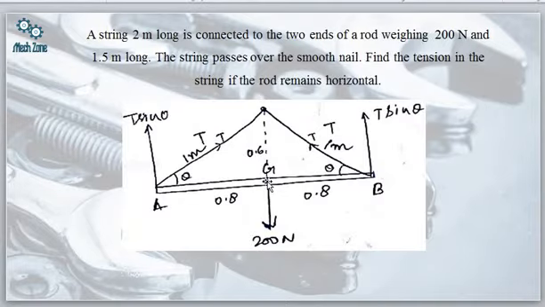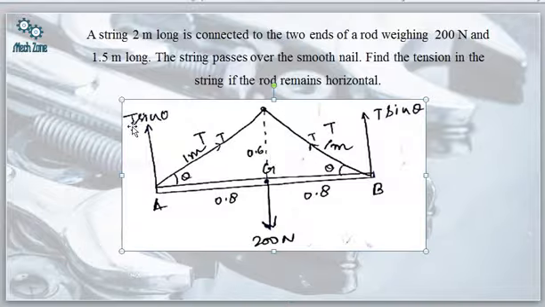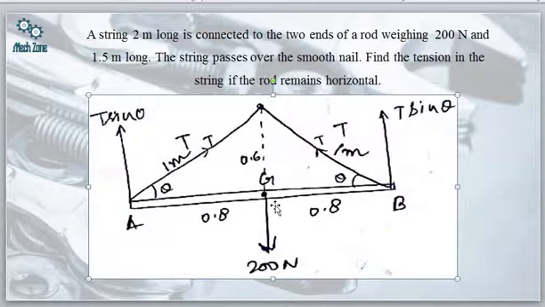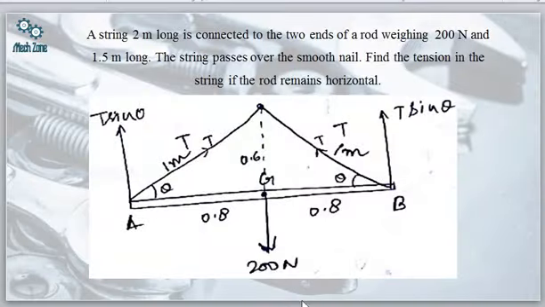This is the free body diagram, representing the various forces. The weight of the rod is 200 Newtons, which acts from the centroid of the rod. Then we have the string passing through this nail, and this is the tension force.